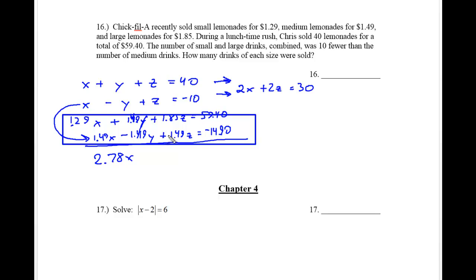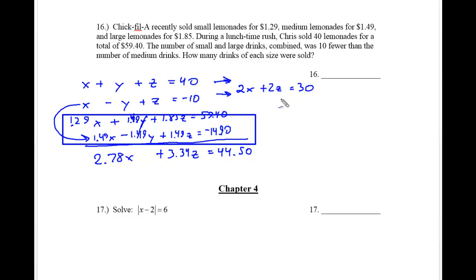Then I have $1.85 and $1.49, which gives me a total of $3.34z. I'm going to add these together: $59.40 minus $14.90 gives me $44.50. Alright, so now I've got my equation in terms of x and z.